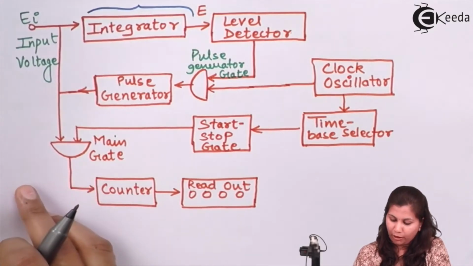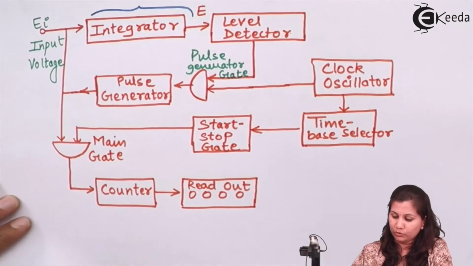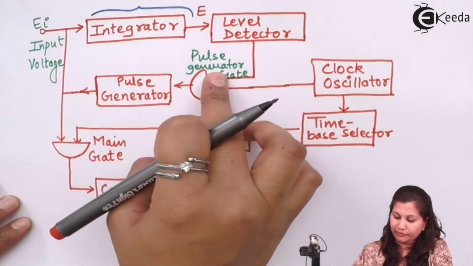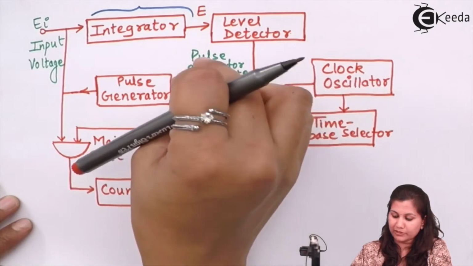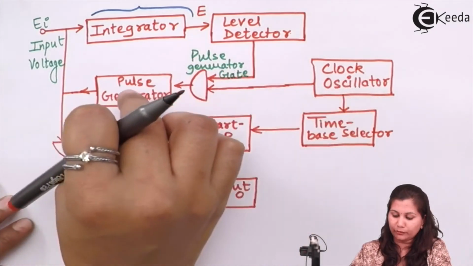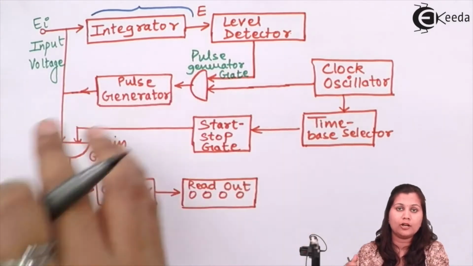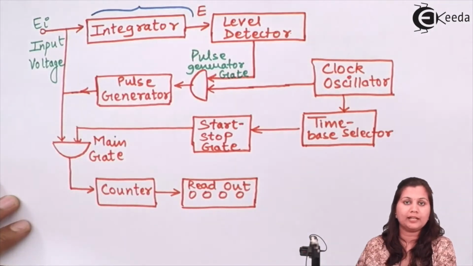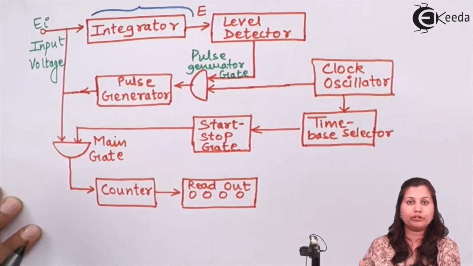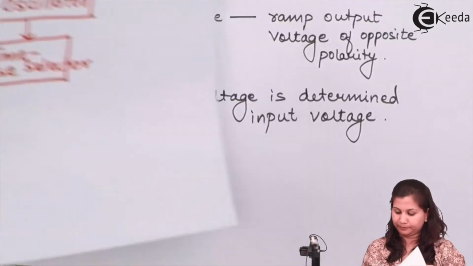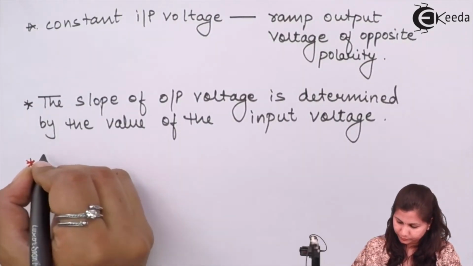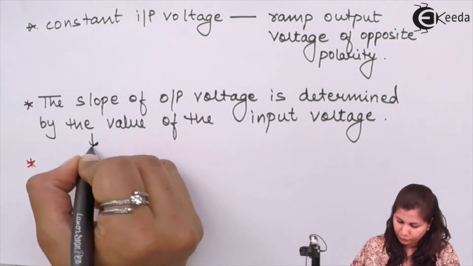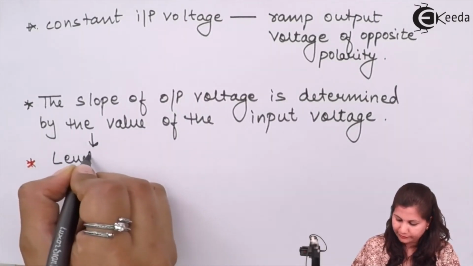So when the output has reached a value, this signal is generated, and the level detector gives a pulse to the pulse generator gate, and it is going to trigger the pulse generator, so that pulses will be generated in proportion to the input voltage.